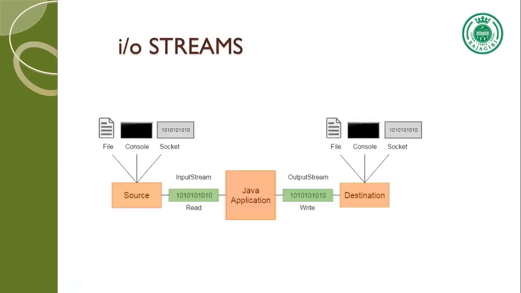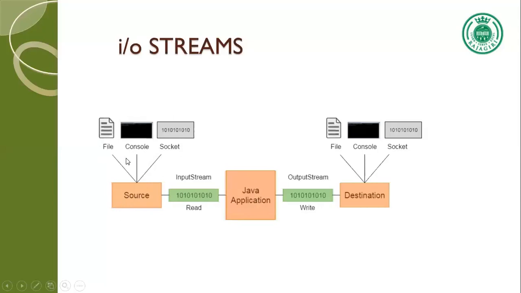Now, in Java, you have a concept called I/O stream, or input-output streams. I've given here a picture through which you will be reading and writing data with the help of your Java application. Look here, I do have a source over here. My source can either be a file, or a socket, or a console, whatever.